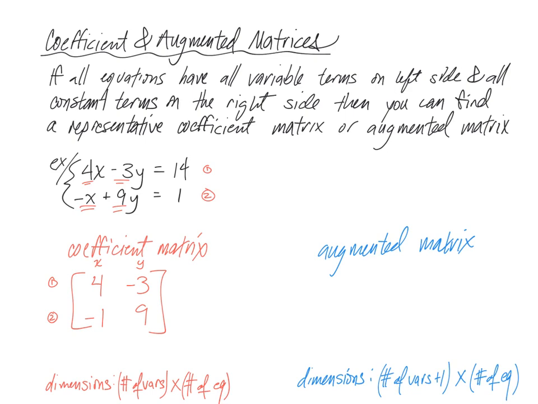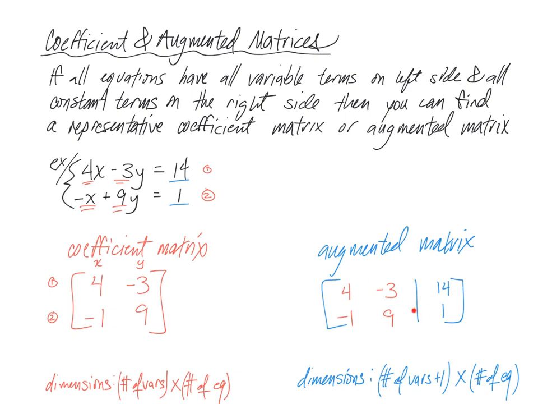So the augmented matrix starts out with things that we're familiar with. The coefficient matrix is a part of it. But the augmented matrix adds in the constants that are also in the equation, so 14 and 1. And how do we know that this last column is the column of constants? Normally, we put a vertical bar in between the coefficients and the constants.